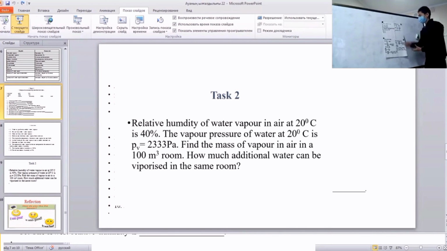Formulas: phi equals pressure divided by saturated pressure multiplied by 100%, and density equals M divided by V, and density equals pressure times molar mass divided by R T. Delta M equals M2 minus M1. Calculations: I first use the phi formula and find the pressure.